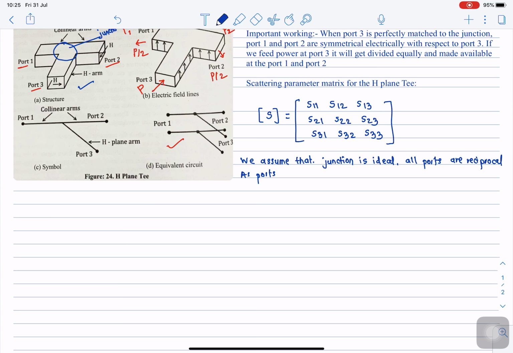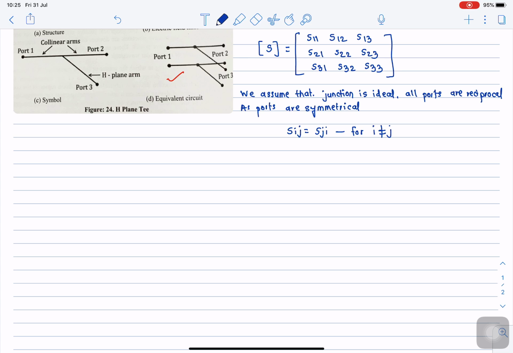As ports are symmetrical, recall from the property, Sij is equal to Sji, right? For the 2 ports i and j which are not the same. Okay, so there are 2 ports, port i and port j, and these 2 ports are said to be reciprocal. Then they should satisfy this particular scattering matrix condition.